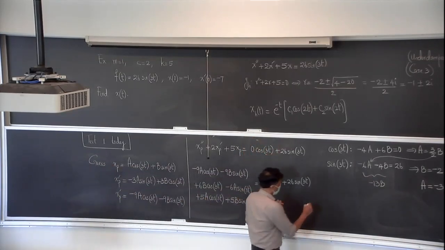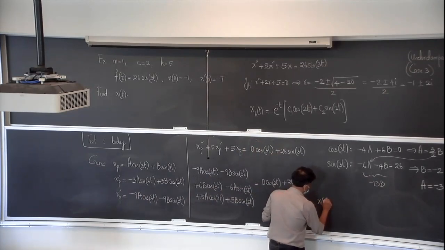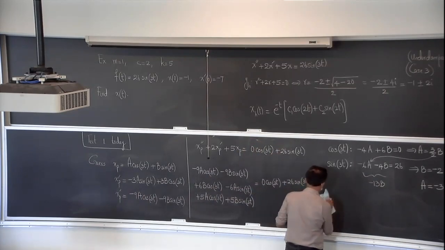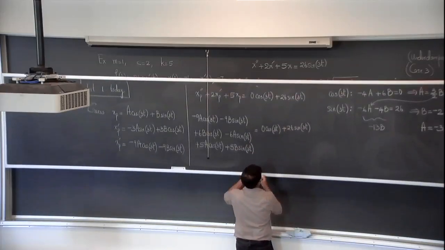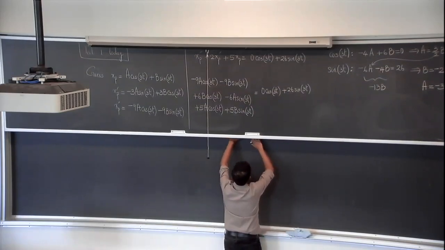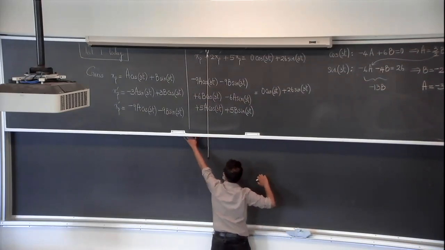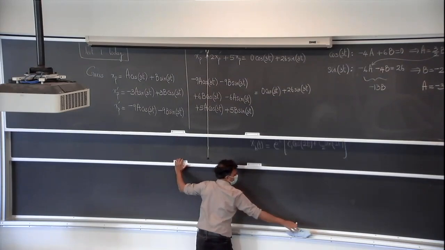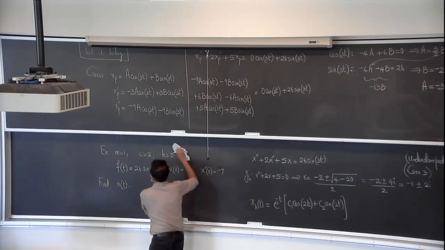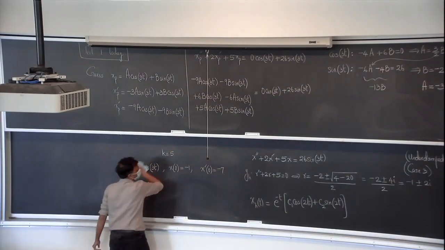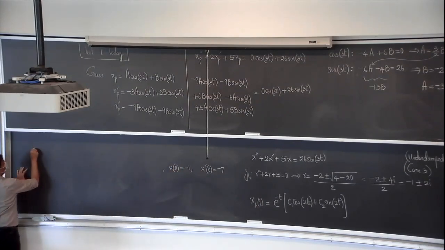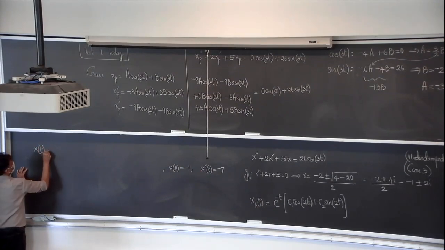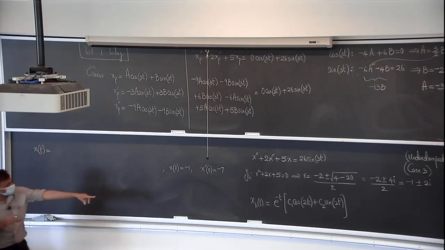Now your x of t becomes the sum of the homogeneous and the particular solutions.